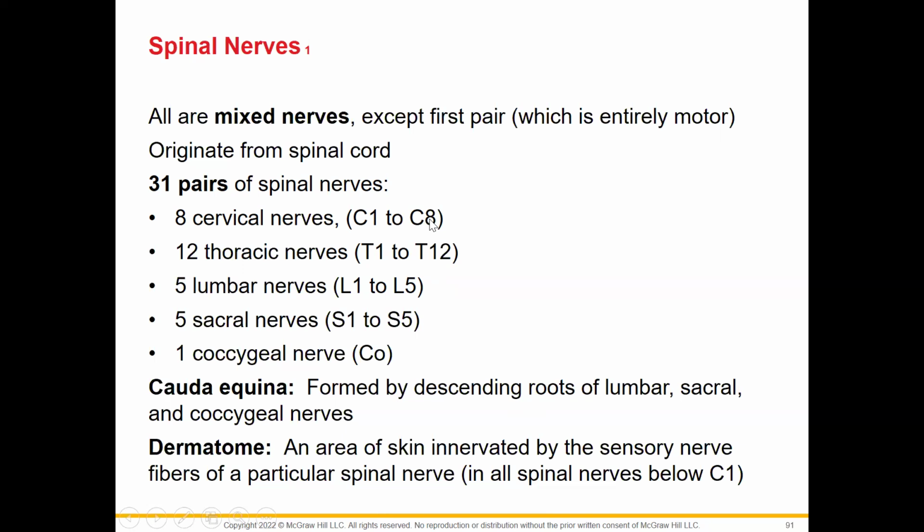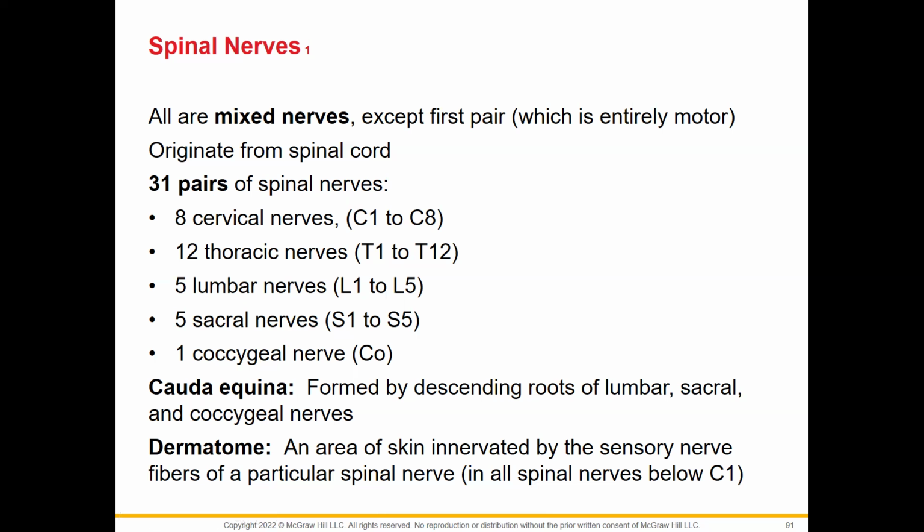Remember, I said that all of the spinal nerves are associated with some level of the vertebral column. There are 7 cervical vertebrae. So the reason why you have 8 cervical nerves is because each of these nerves is coming underneath a vertebrae.